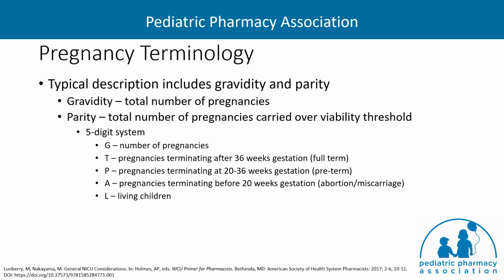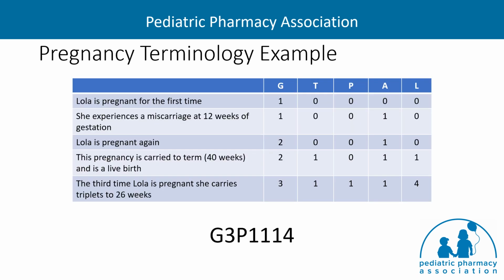These could be abortions or miscarriages. And L is living children. When no pregnancy loss has occurred, you oftentimes will see the pregnancy history reported just as gravida para without some of this further breakdown, but this gives you the most in-depth picture.